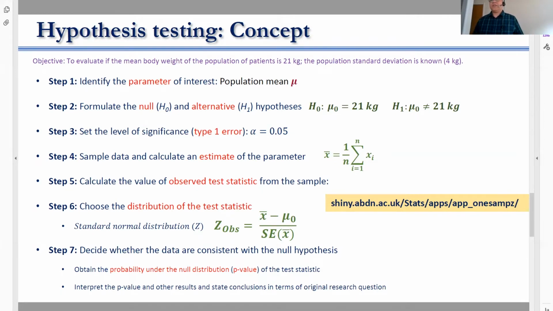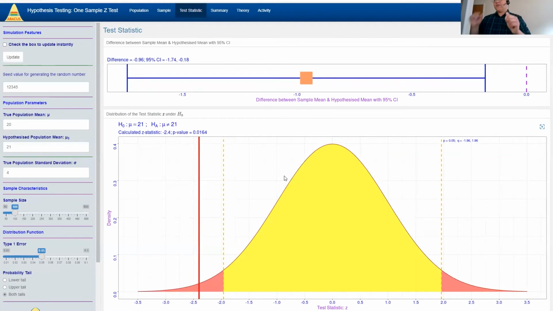So it tells me how far or how close my observed sample mean is to my hypothesized mean.